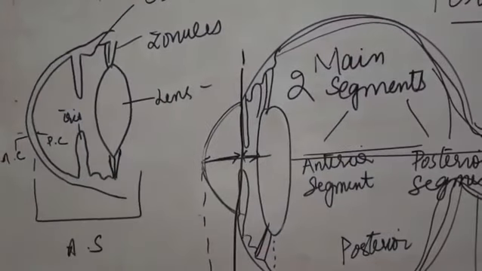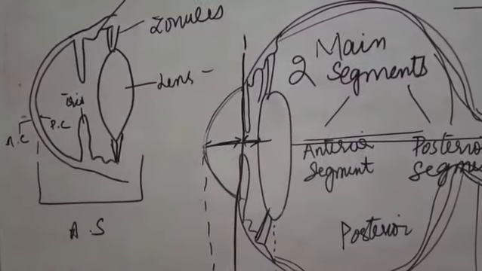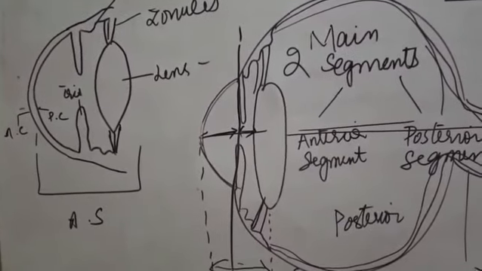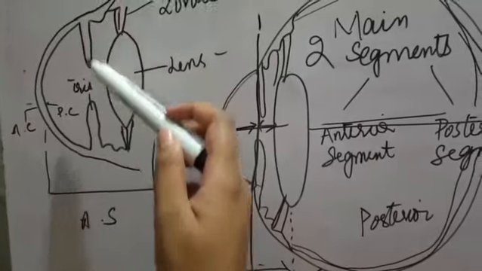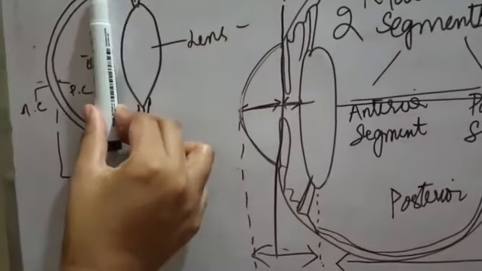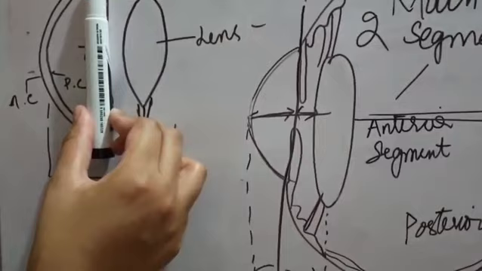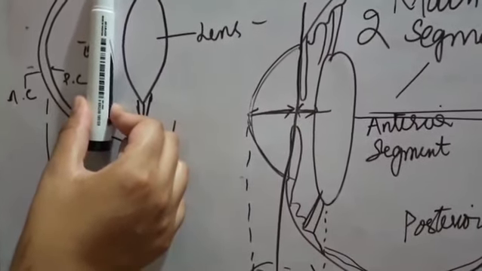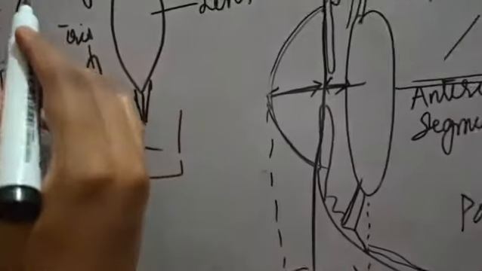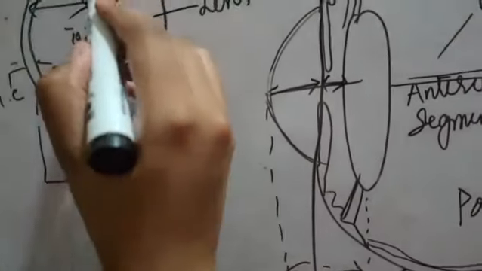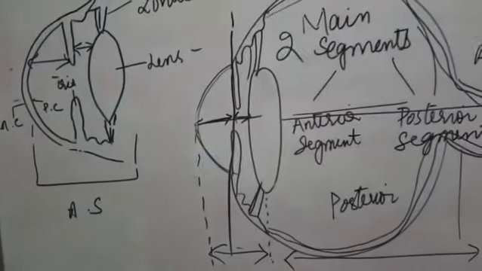So this is the anterior chamber over here. Anterior segment, sorry. In the anterior segment, the iris is making a room, dividing the anterior segment into two further parts. That is why these two parts are further classified into smaller rooms, right?